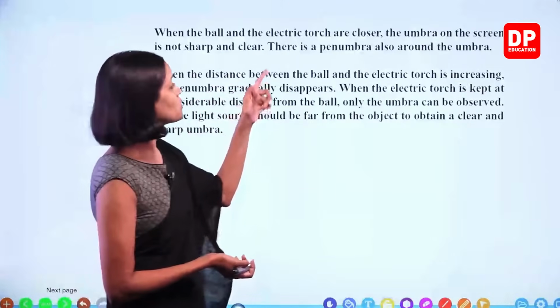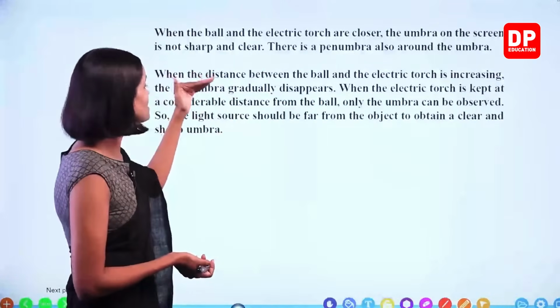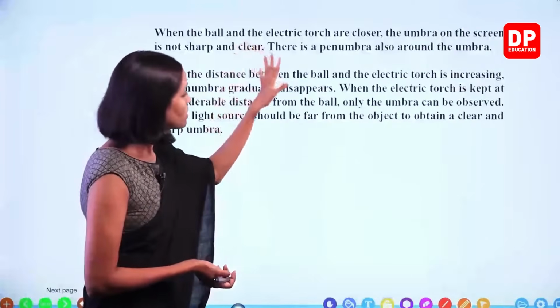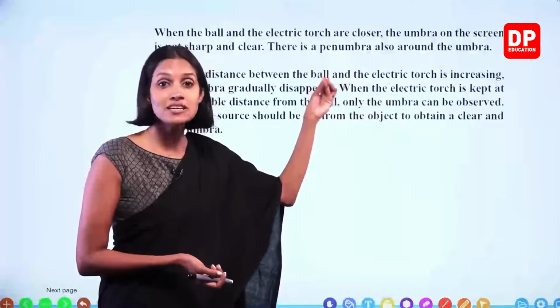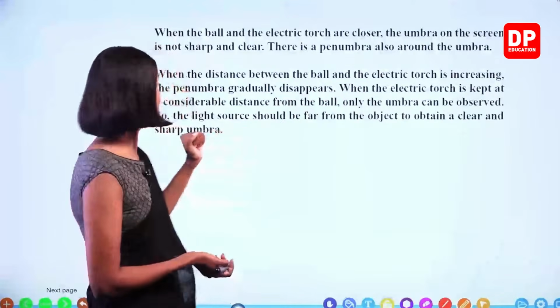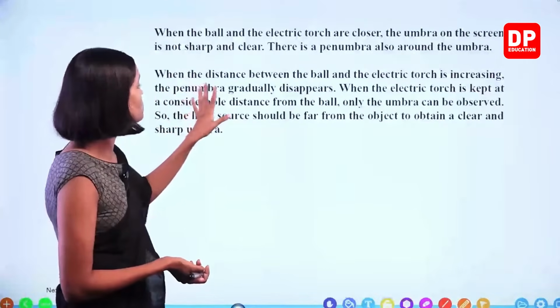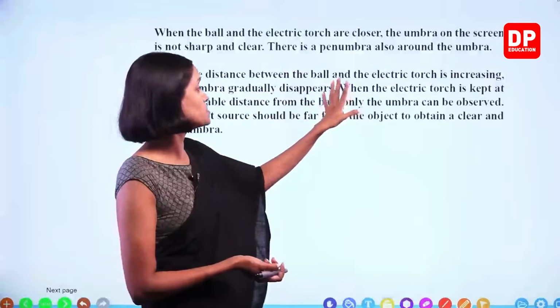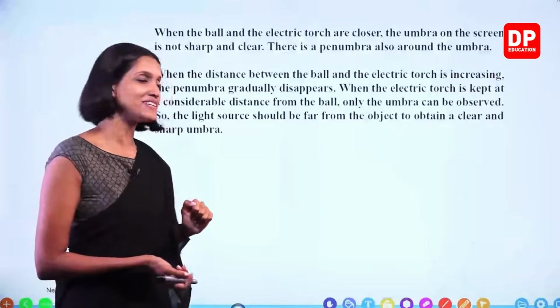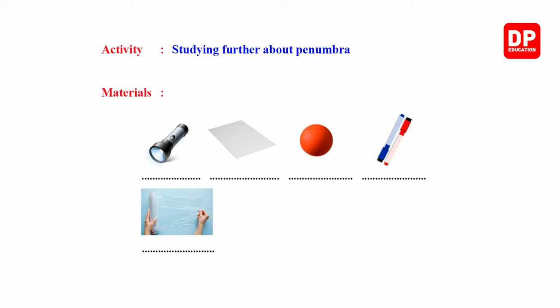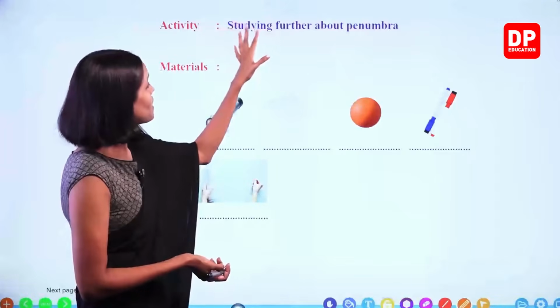When the electric torch is kept at a considerable distance from the ball, only the umbra can be observed. That umbra or the shadow is sharper than before, right? So the light source should be far from the object to obtain a clear and sharp umbra. Right, children?